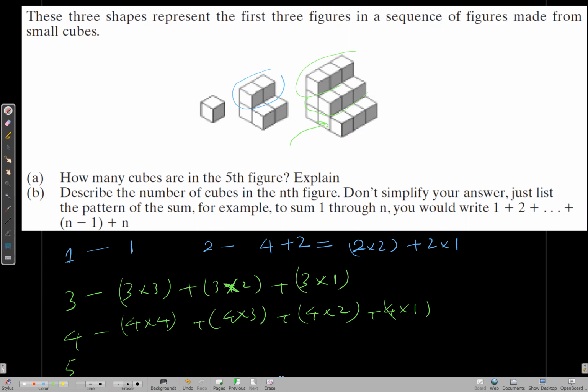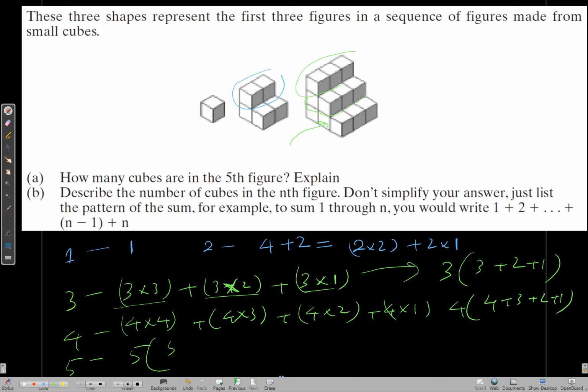And the fifth one, same. But rather than writing this, we can see a pattern if we do some math. In these 3 terms, I can pull 3 out. So I get 3 plus 2 plus 1. Here the same thing, 4 out, 4 plus 3 plus 2 plus 1. So what I am getting for 5, 5 into 5 plus 4 plus 3 plus 2 plus 1.